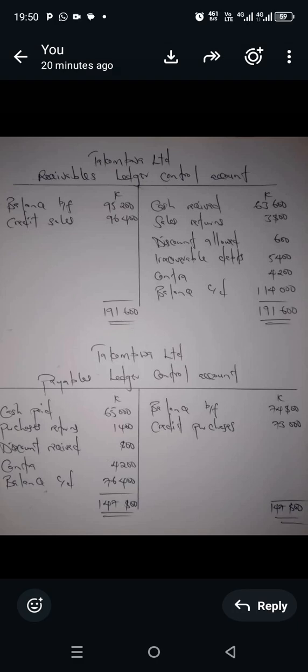Basically, the receivable ledger control account deals with the customers, the receivables, and the sales. So you need to connect yourself to those items as you are preparing it.